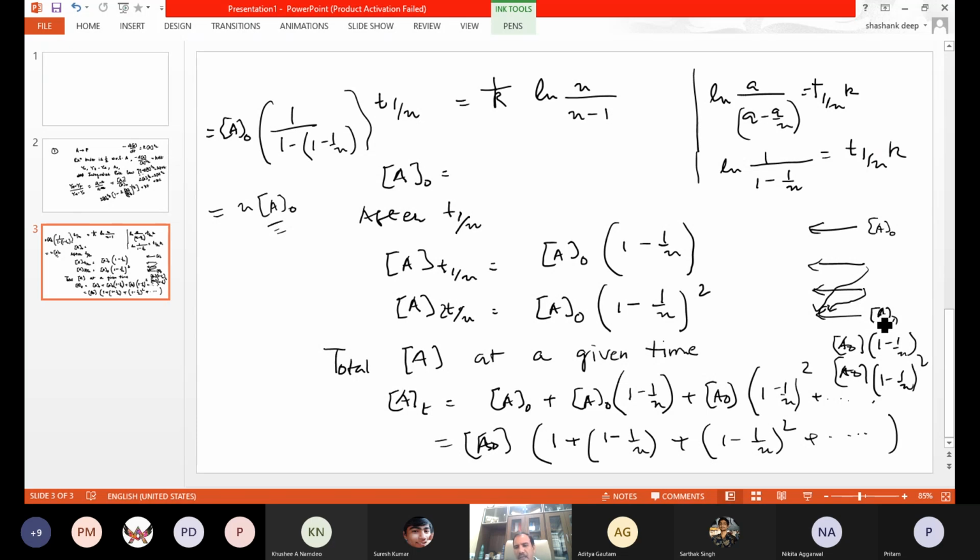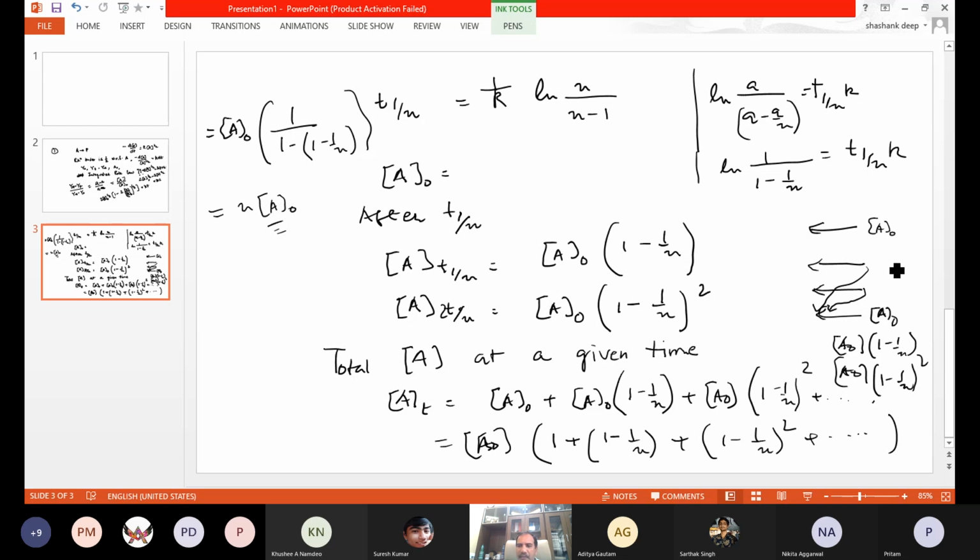So you see here, what is the question? Let's read again. A drug administered to a patient usually is consumed by first order process. Suppose that a drug is administered in equal amount at regular interval.